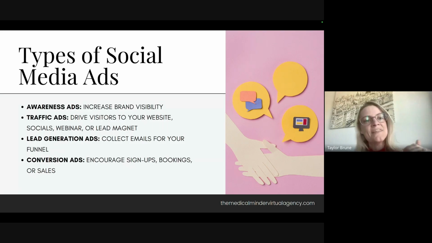At the same time, it's training the Meta algorithm to know this is the type of traffic, this is the type of goal you're setting, this is the type of reach, type of people you want to target. So it does help having more ad campaigns before you start running the sales ads. And that's just an ads school knowledge tip, so you guys know.